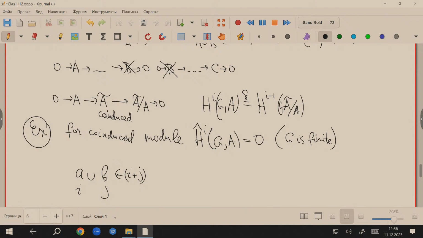So one of the elements can be moved to 0.